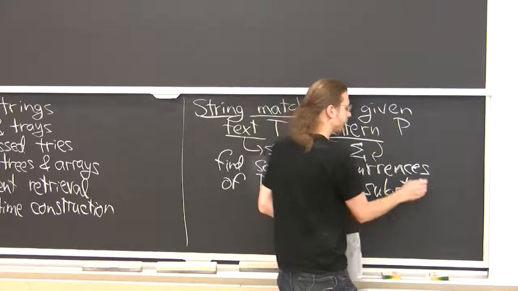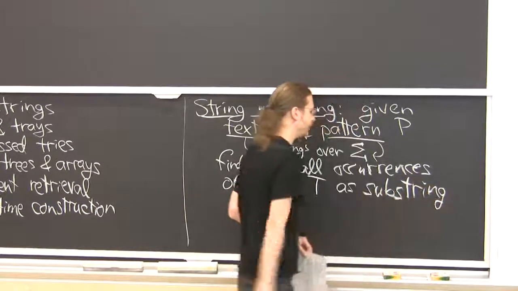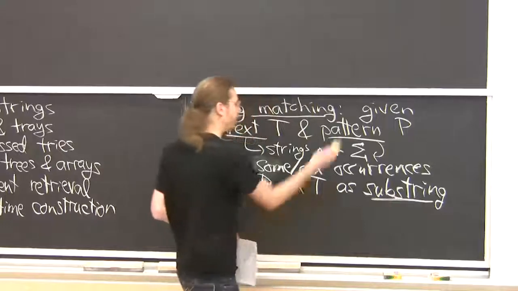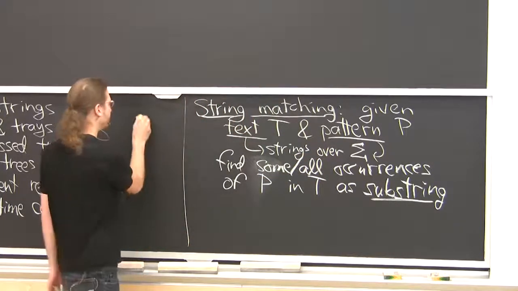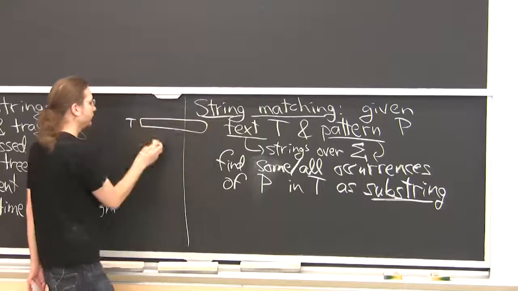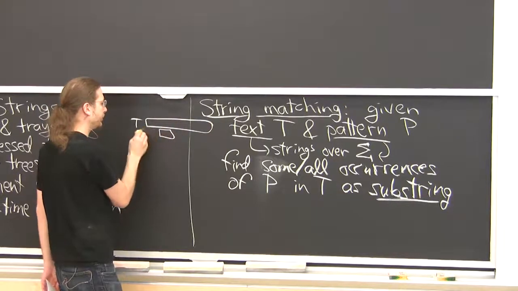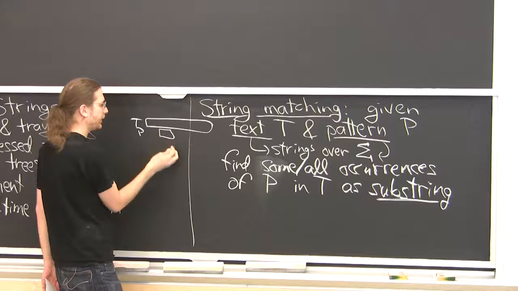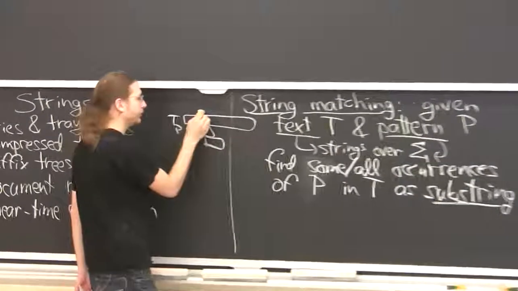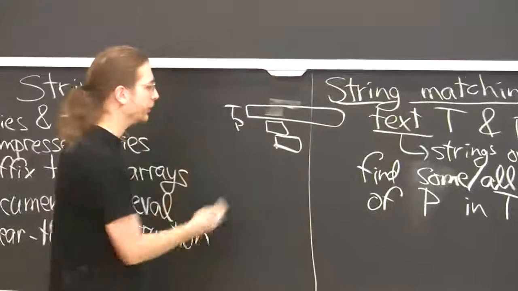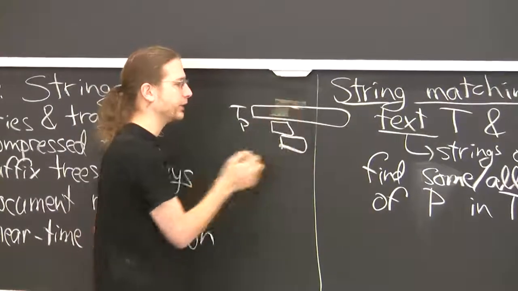And in this lecture, we're only interested in substring searches. So the pattern is just a string. You want to know all the places where P occurs. P might appear multiple times, even overlapping itself. You want to find all the shifts of P where it's identical to T.